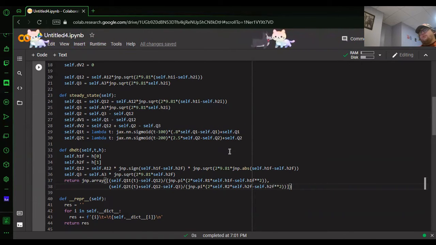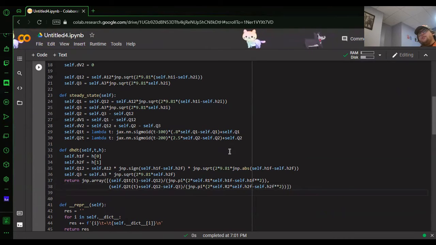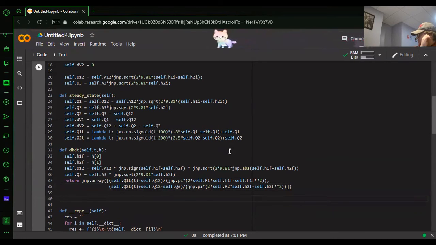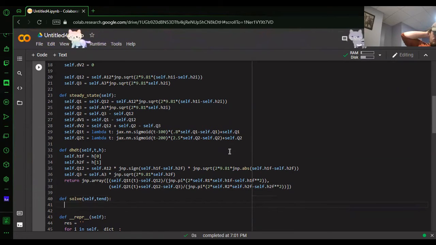That gives us our equation for dH dt. And now finally, we just need a method called solve with a tn value, where we're just going to solve the IVP that goes along with dH dt.